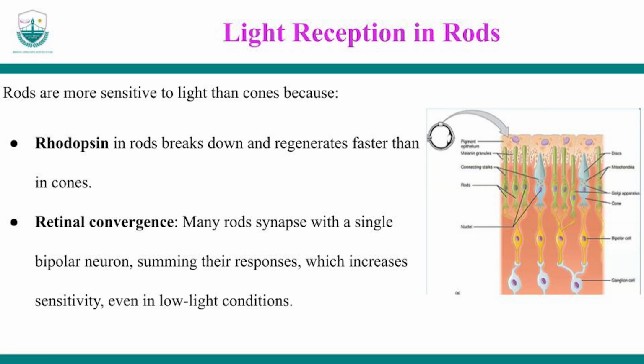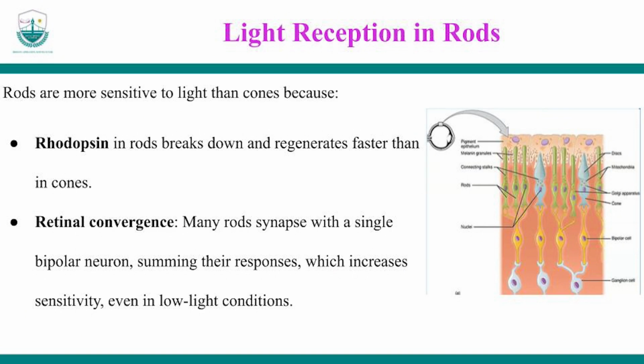And then for the cones, you have one cone, you can see this one, connecting to one bipolar neuron. So that means that the cones are not very good in situations where you have little light. The cones are very good when you have high light intensity.